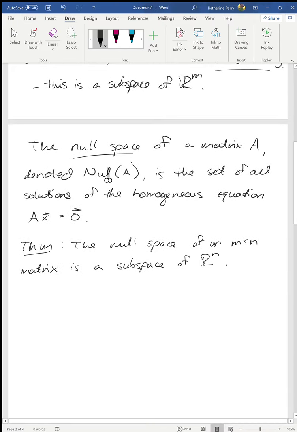All right, so first I need to show that this satisfies the three properties of being a subspace.